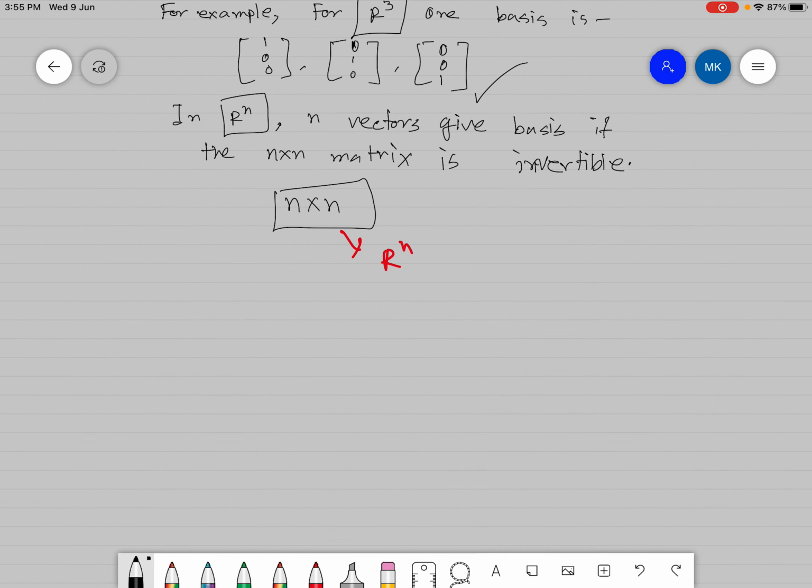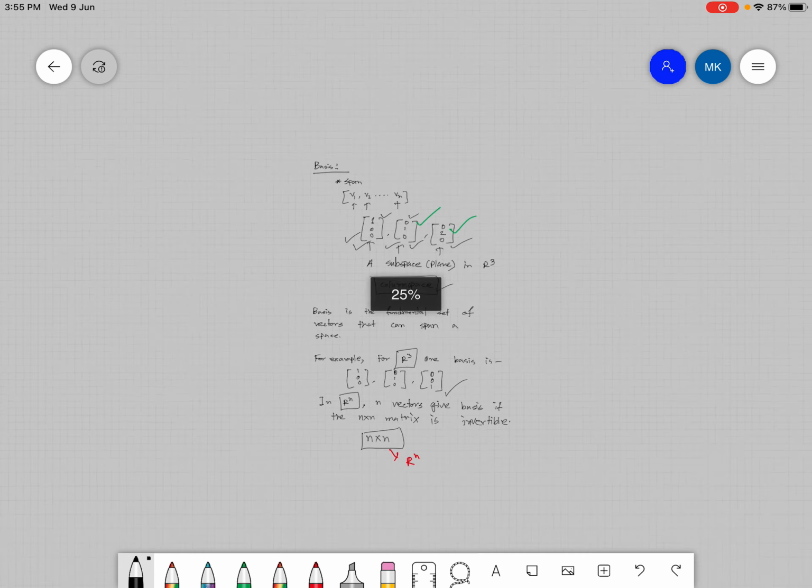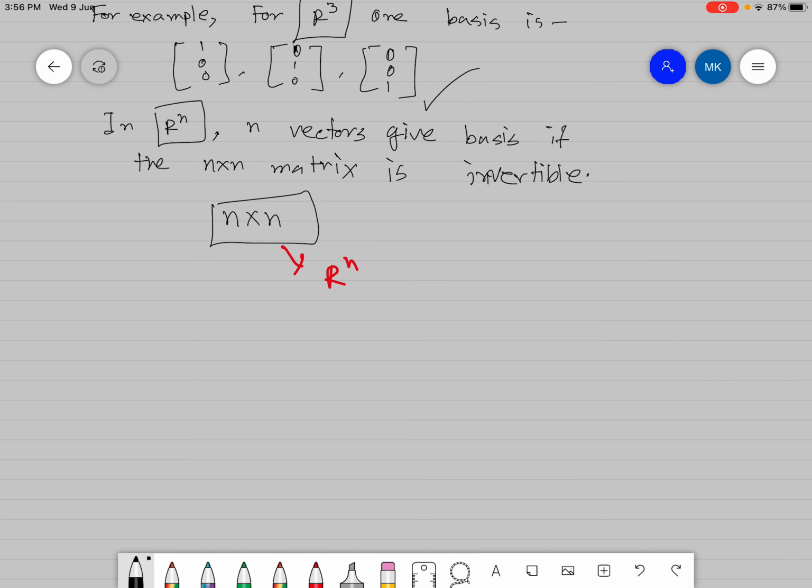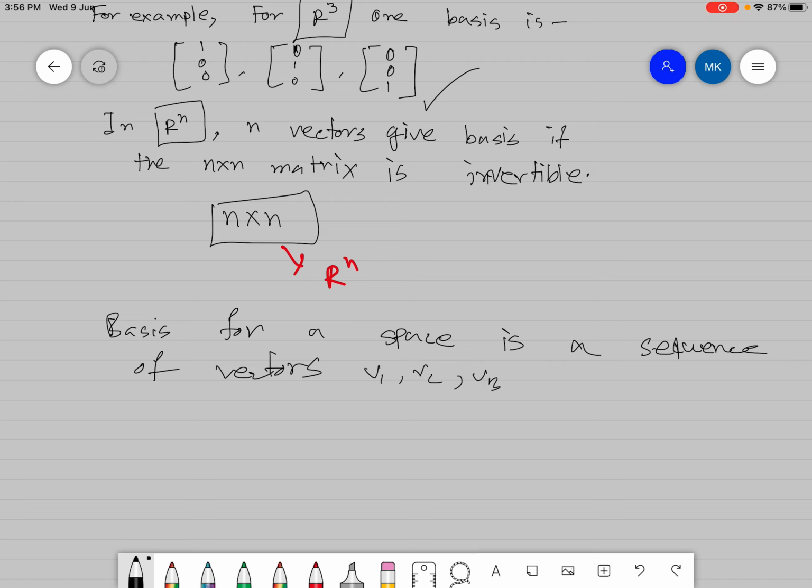A basis for a space is a sequence of vectors, let's say v1, v2, v3 up to vn, with two properties.